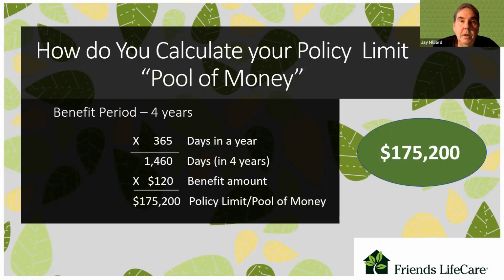If, when this person needs care, either at home, in assisted living, or a nursing home, they need the complete $120 every day, and they need care every single day for 1,460 consecutive days without a break, that pool of money of $175,200 will run out exactly in 4 years. That is why it is called a 4-year plan. That is the definition of why the industry calls that a 4-year plan.